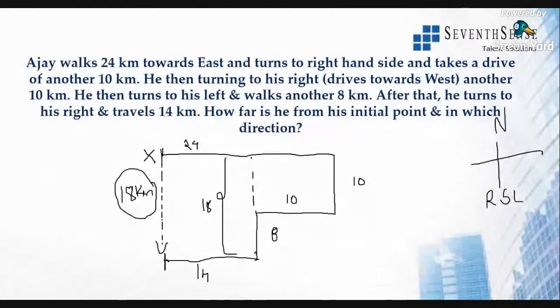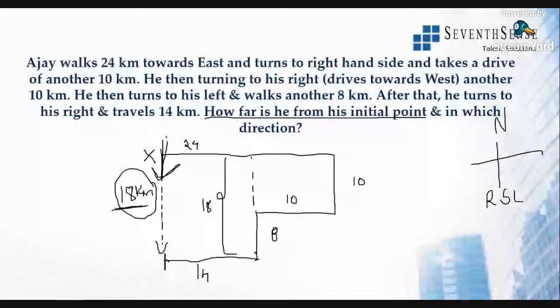So this is the point where the directions come into picture. How far is he from starting point? From starting point, he is towards south. He is 18 kilometers. So actual answer is 18 kilometers south.